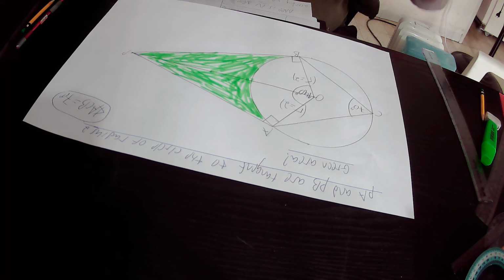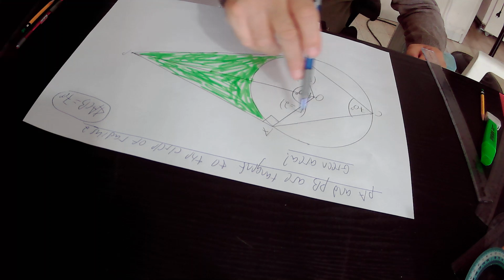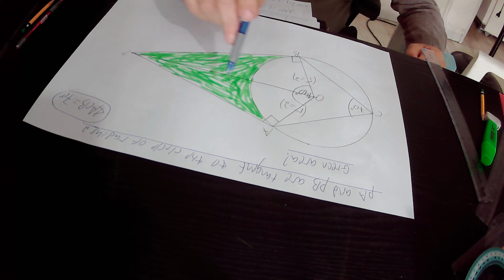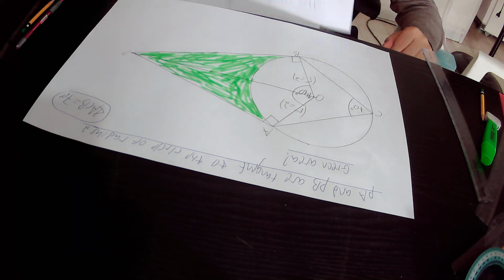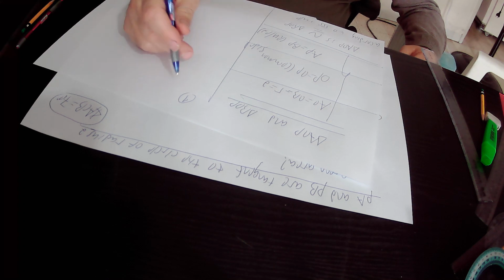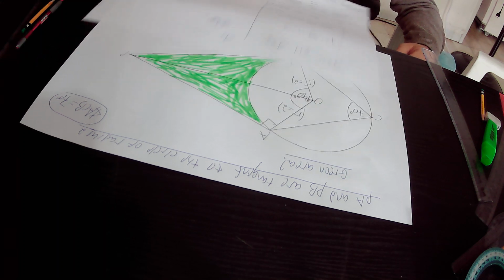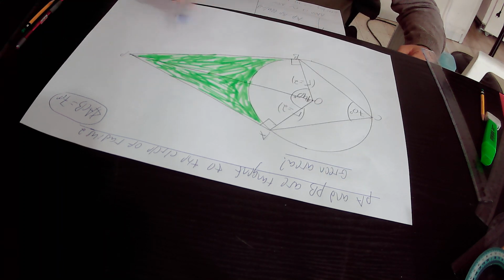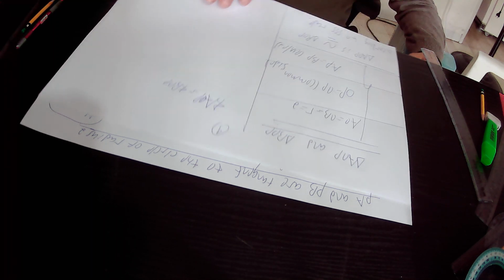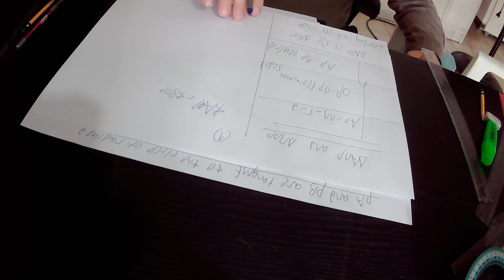The conclusion is that angle AOP in the right upper triangle APO is equal to angle BOP in the right lower triangle BPO. Okay, angle AOP equals angle BOP.